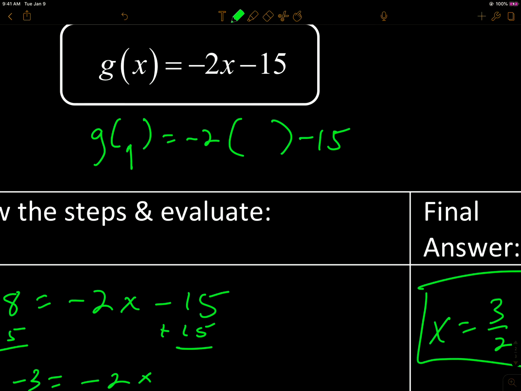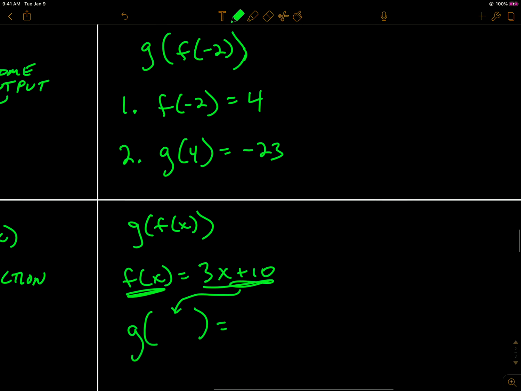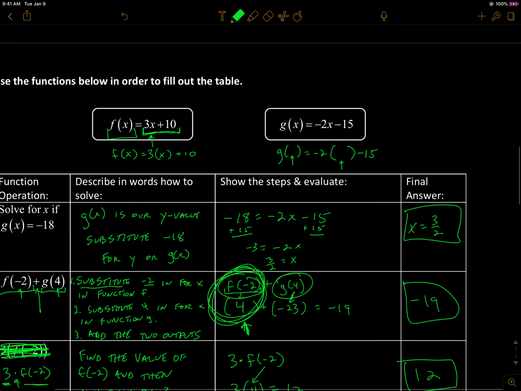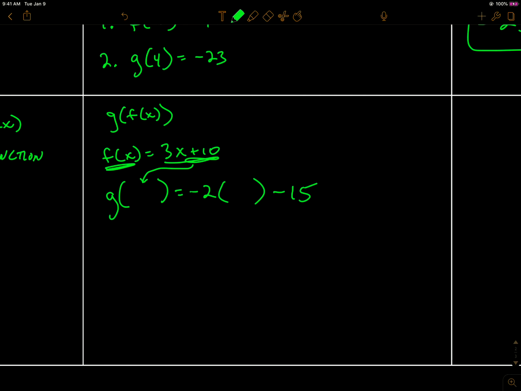No matter what I want to plug in here, it could be a number, or an expression, or an equation. Really, we just want to talk about expressions. What I'm plugging in here, that was our placeholder: negative 2 times placeholder minus 15. So g of anything equals negative 2 times that anything minus 15.